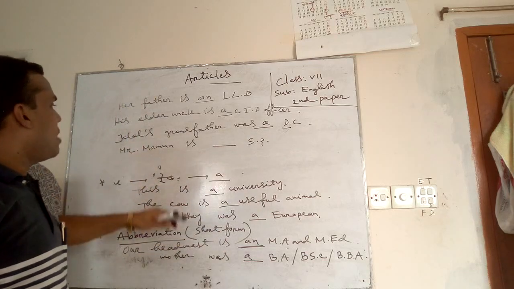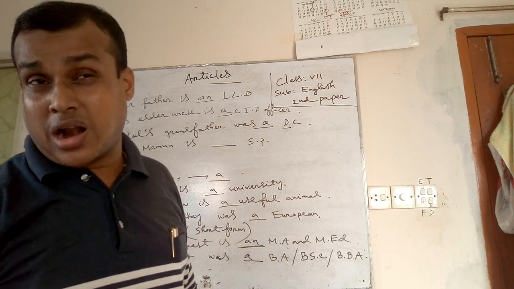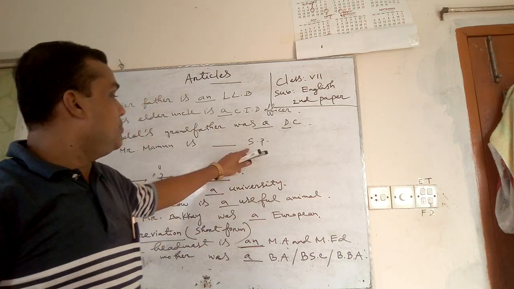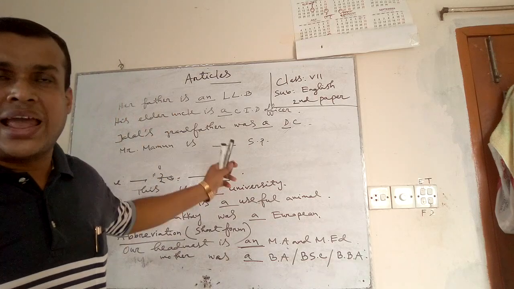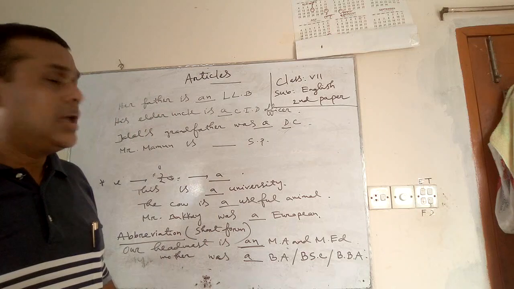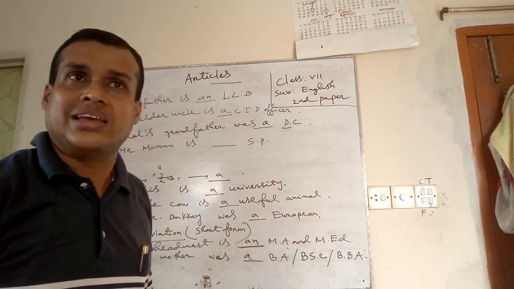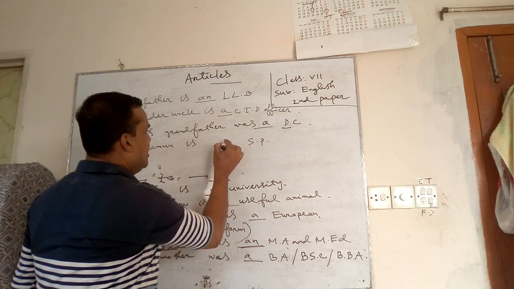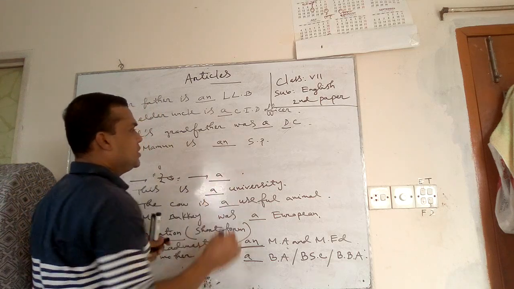Mr. Mamun is dash SP. What article will we use in this sentence? Before SP, dear students, fill in the blanks. An SP. Excellent.